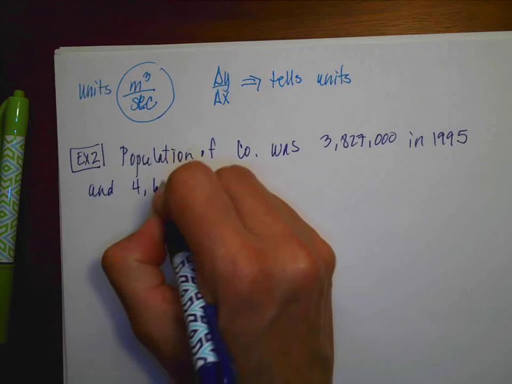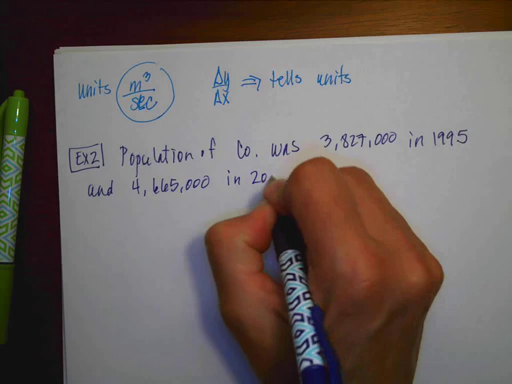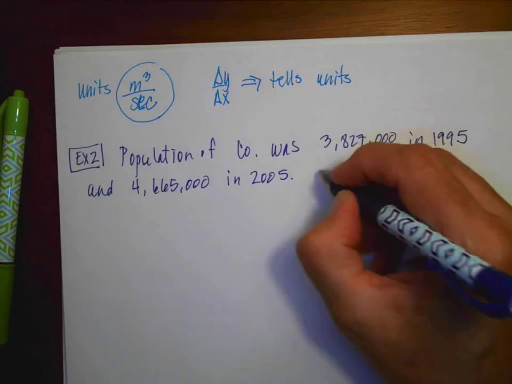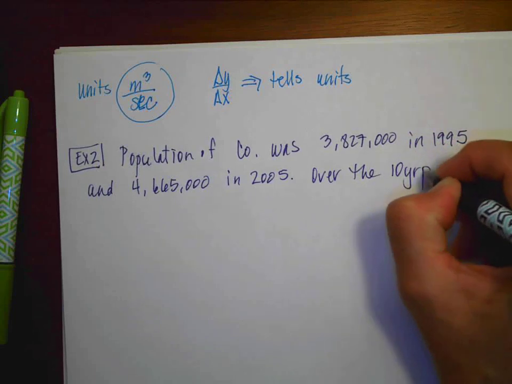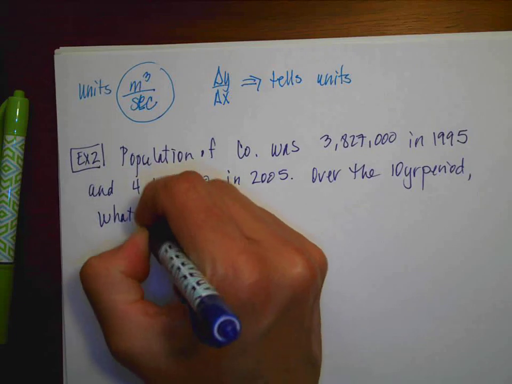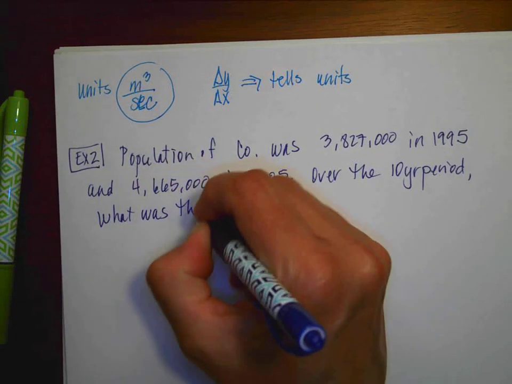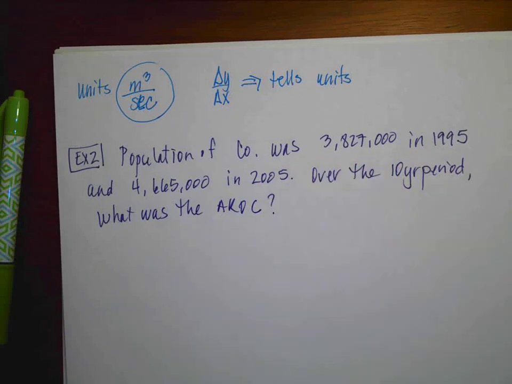And it was 4,665,000 in the year 2005. The question says, over the 10-year period, what was the average rate of change?